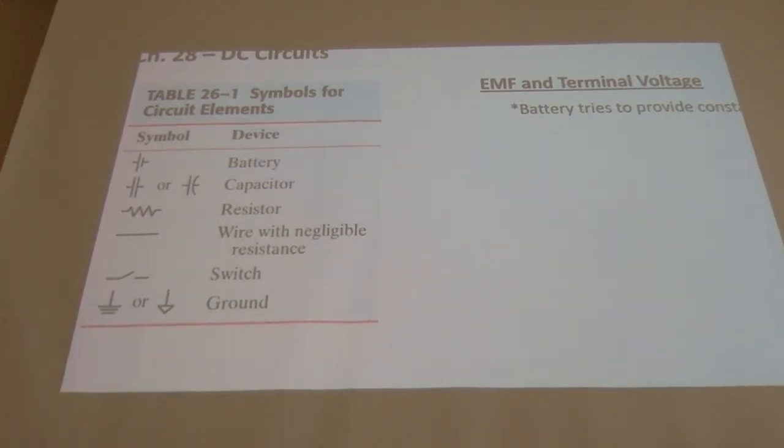The longer one we consider to be the positive side of the battery. That's the side where the current originates. That's the side at higher potential. A capacitor is just 2 equal length lines, or one of them could be curved, but we're not going to use that terminology much. A resistor, we use a little squiggly line, which if you think about it is an exact diagram of opposition, right?